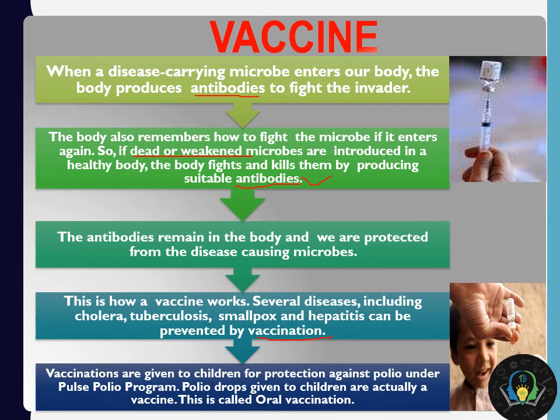You might have seen some advertisements based on this. This is called oral vaccination. So vaccination can be done either with injections or in the oral way as well. Even your pets are given vaccinations at regular intervals of time.